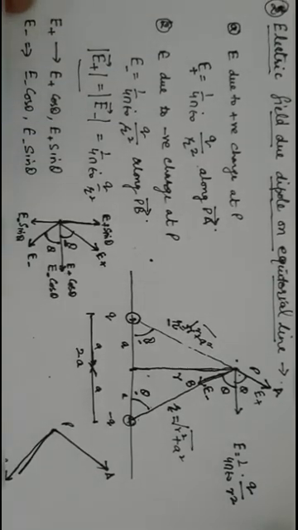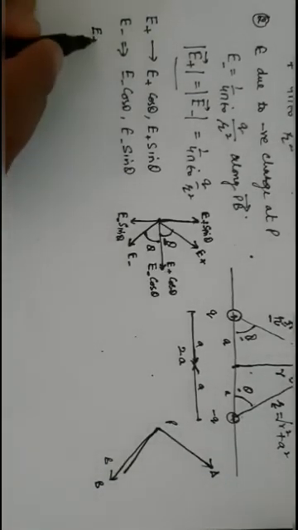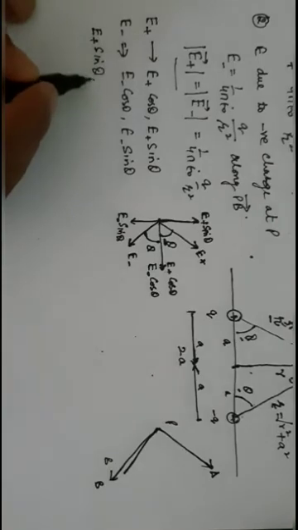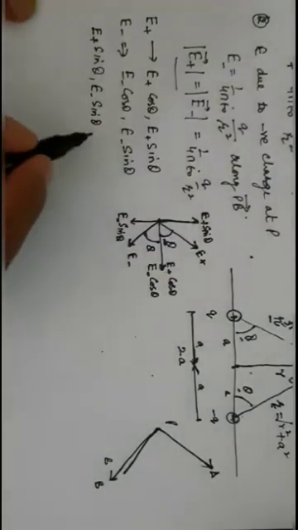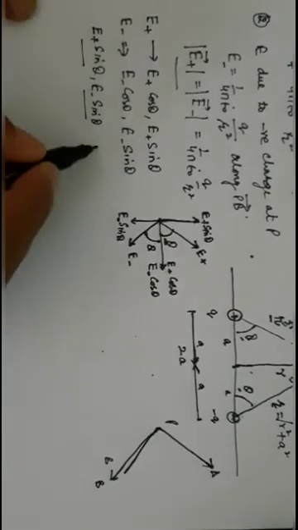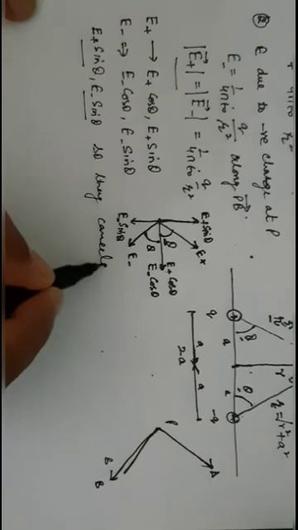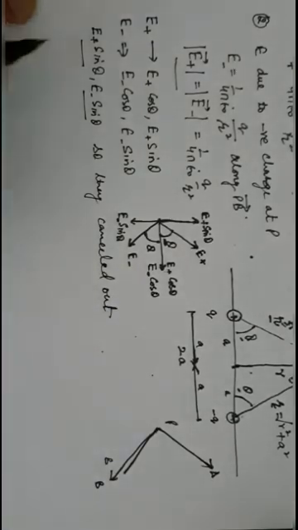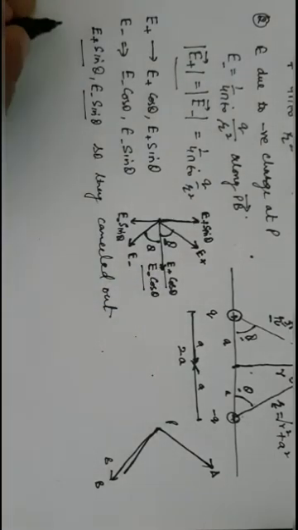From the diagram, E positive sin theta and E negative sin theta are in opposite direction. Their magnitude is equal, so they cancel out. So we are left with only these two components, E negative cos theta and E positive cos theta.